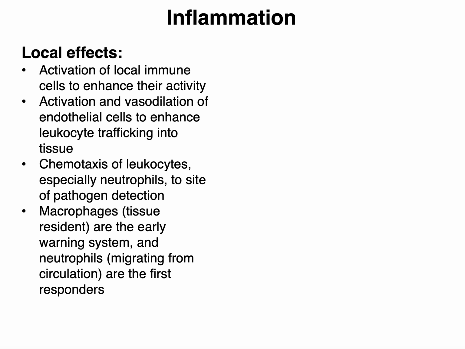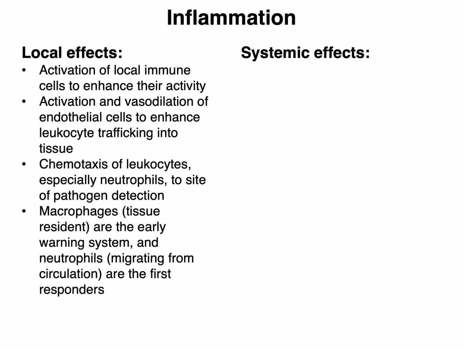And once at that site, they can mediate destruction of the pathogen. So you can think of macrophages, which are tissue resident, as the early warning system, and neutrophils, which are in circulation, as the first responders. So it requires macrophage activation to pull in neutrophils to that site and generate an inflammatory response.